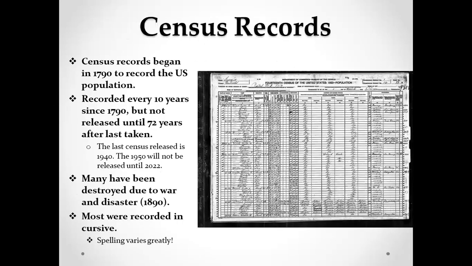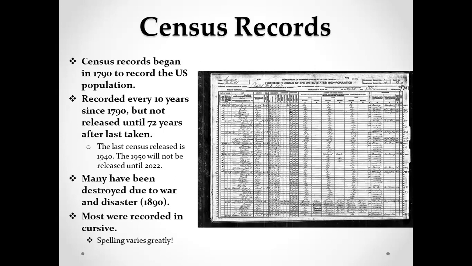So real quick, census records began in 1790 to record the U.S. population. They're recorded every 10 years. These are called decennial census records, and they're released 72 years after they were last taken. So that means that the 1940 census was the last to be released, and the 1950 census will be released in 2022.